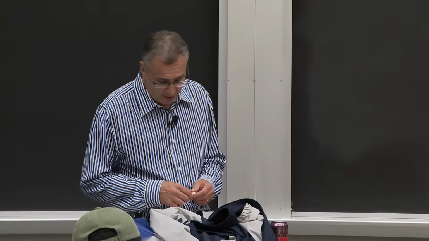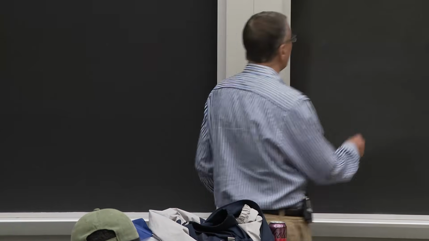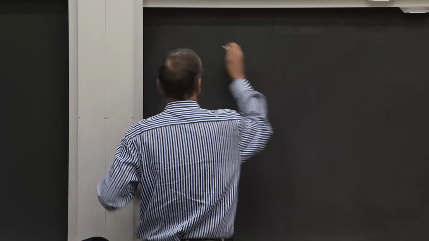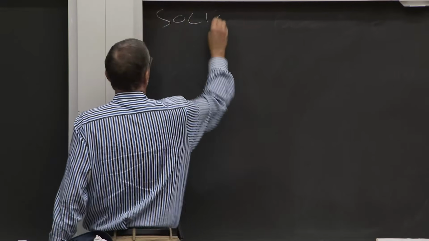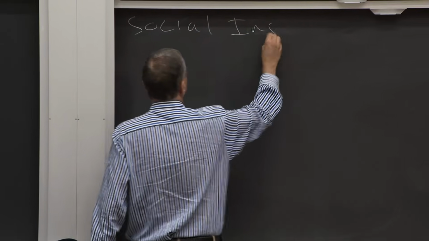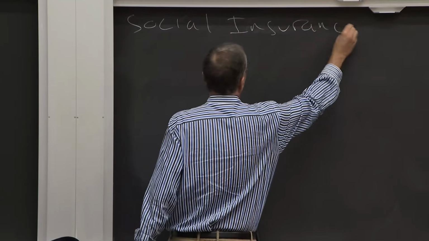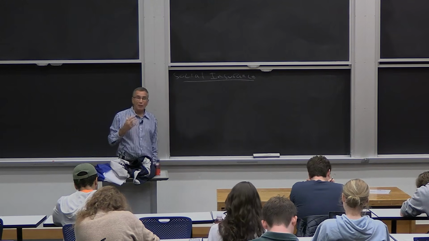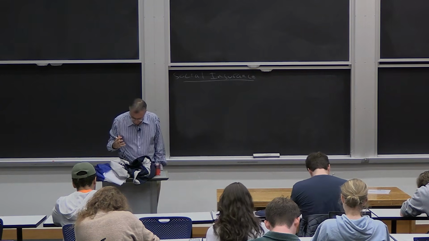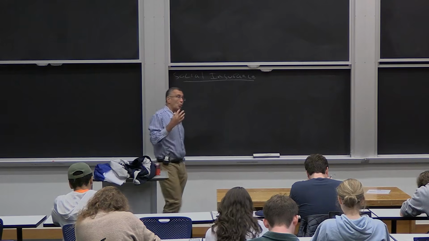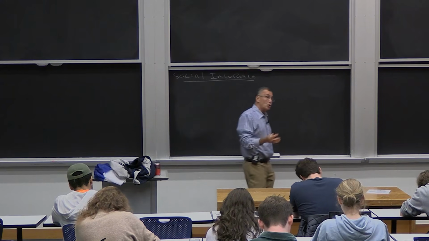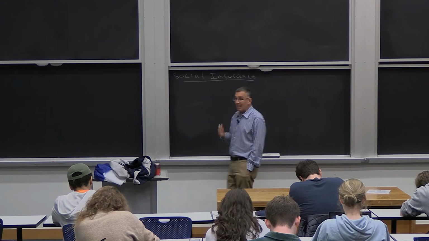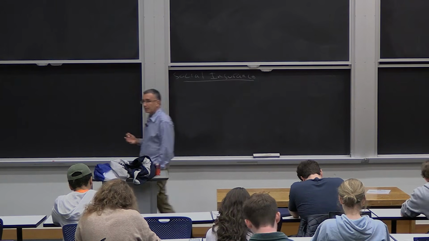Social insurance programs are what we're going to cover in the next few lectures. These are a class of programs that share several key features. The first feature is they're restricted to workers who participate by essentially making involuntary contributions.